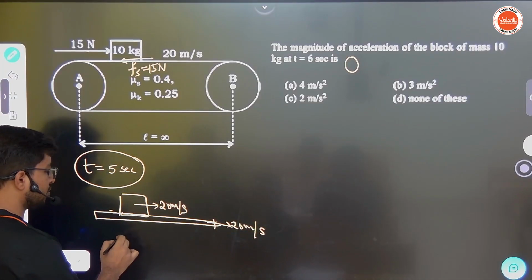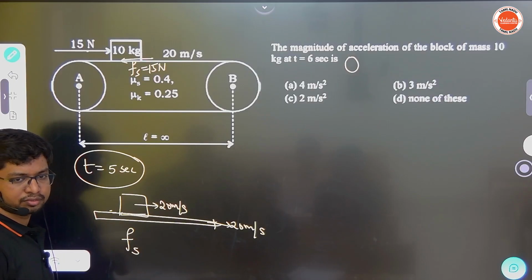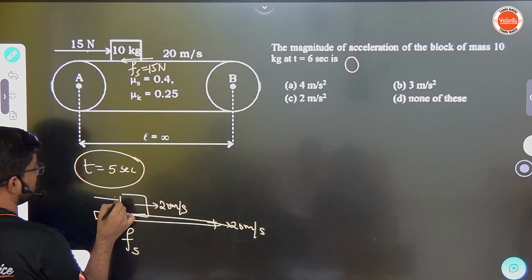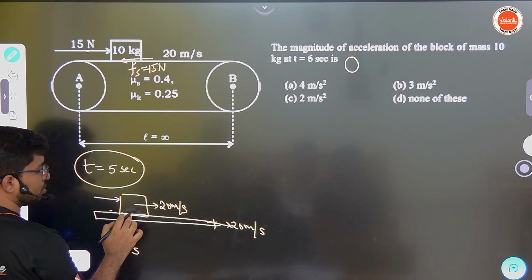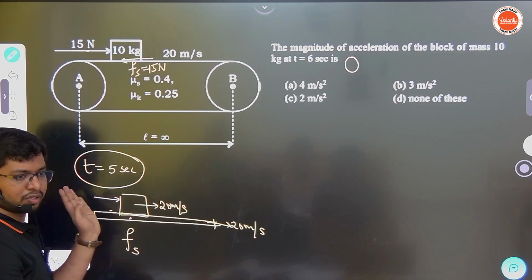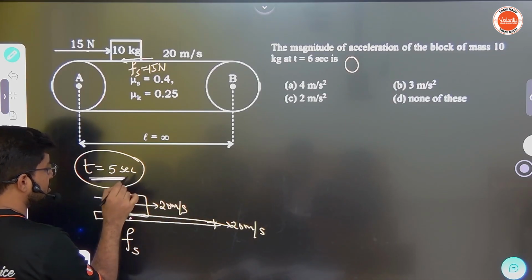Correct? So the nature of the friction over here will become static friction. Correct? And what is that static friction equal to? With respect to the belt, the block is going to be just at 20 meter per second only. It will not further increase its velocity after t equal to 5 seconds.